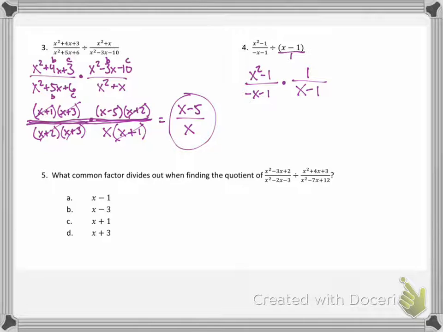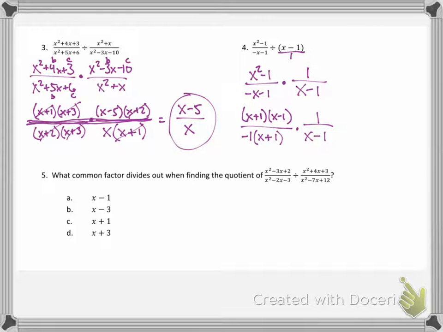All right, so let's go ahead. The top is the difference of squares, x plus 1, x minus 1. The bottom, the leading coefficient's negative, so I'm going to take out a negative 1 to see if that'll help cancel anything out. The whole fraction on the right side, nothing breaks down.